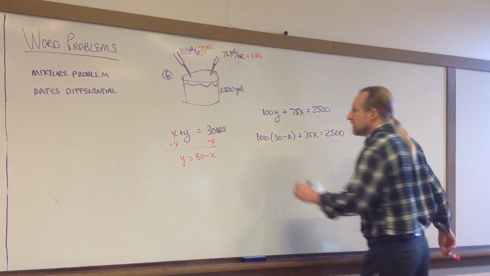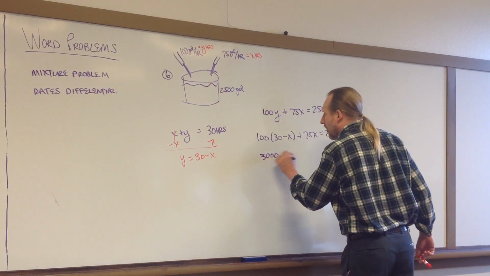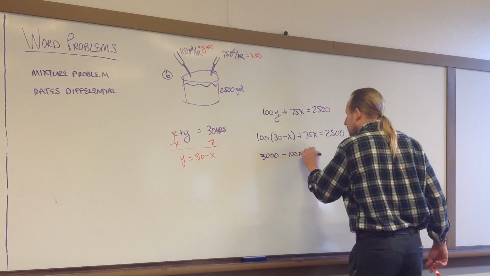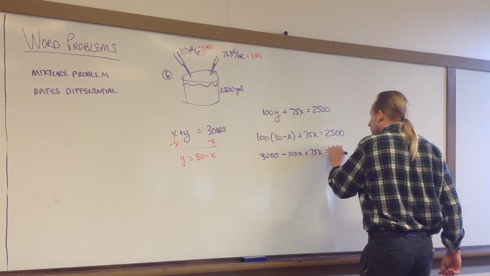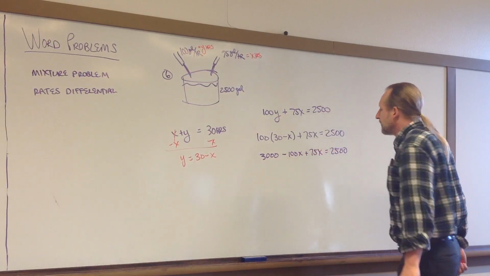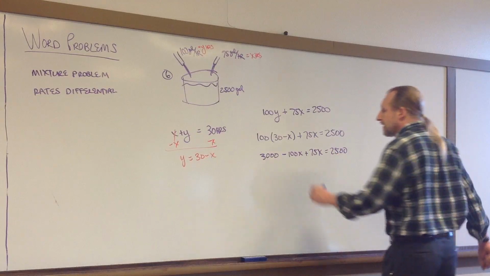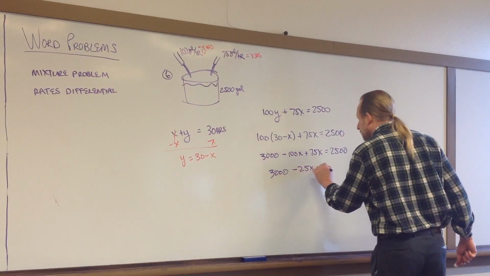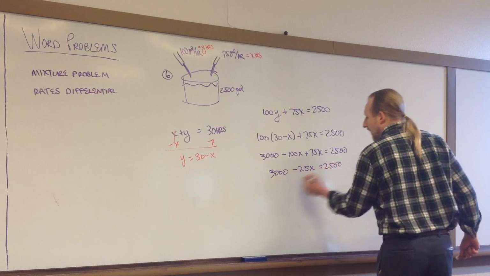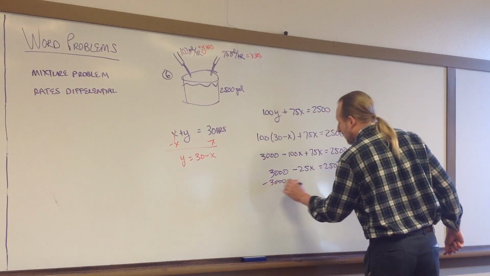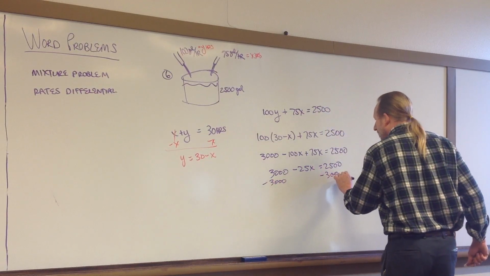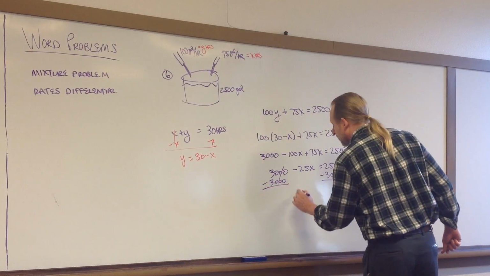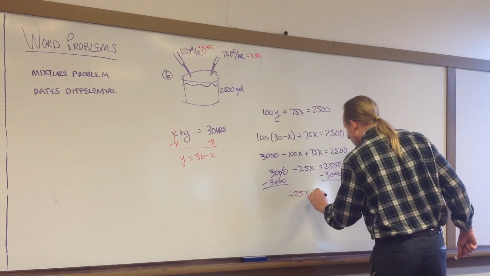So 3,000 minus 100x plus 75x equals 2,500. So this will be a negative 25x. And then when I subtract the 3,000 on both sides, I'll get negative 500.